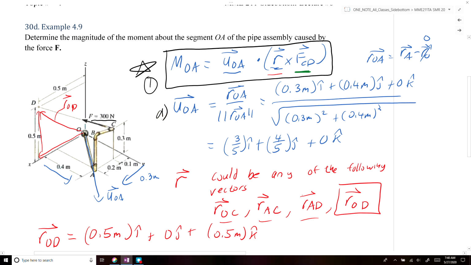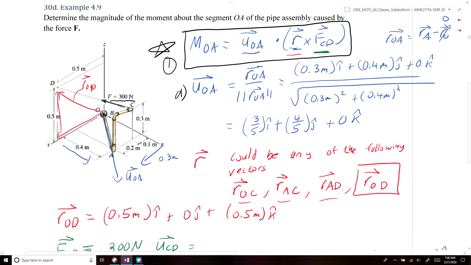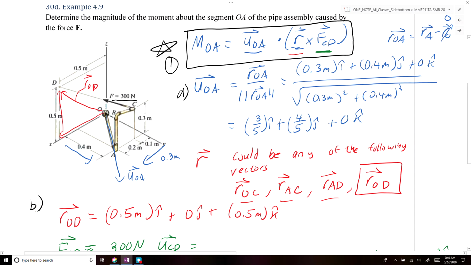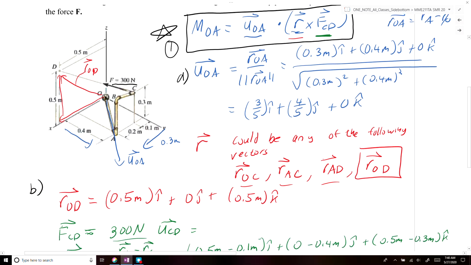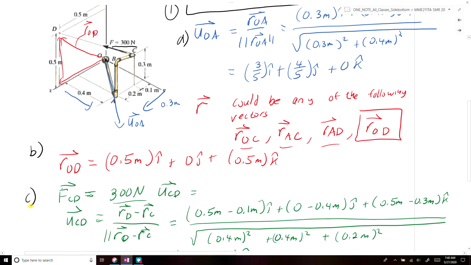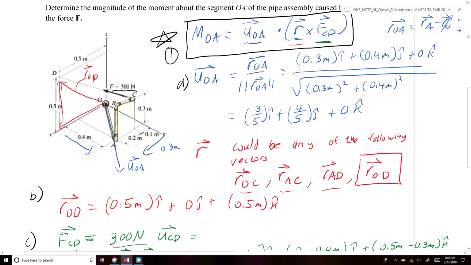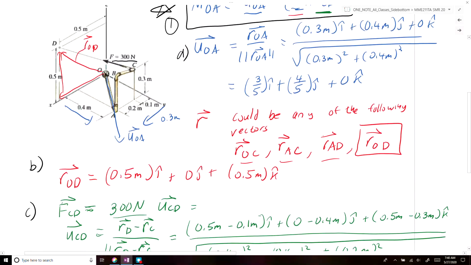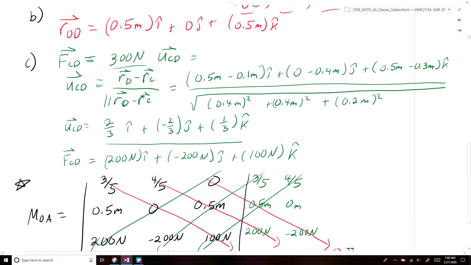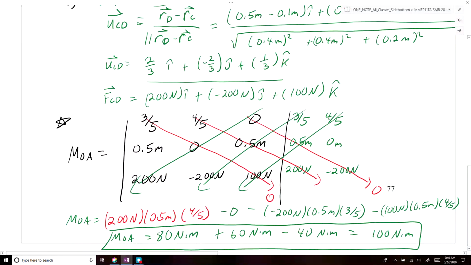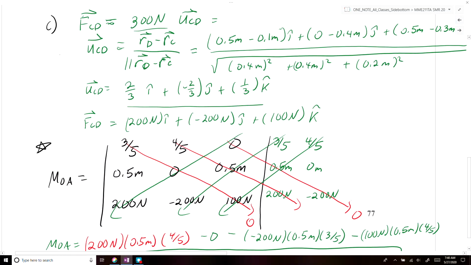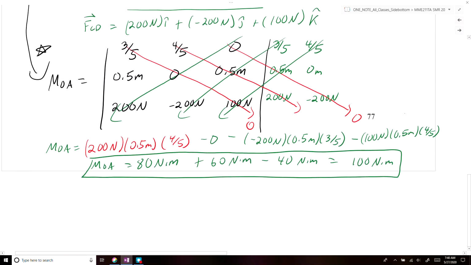We defined our U_OA, then our position vector r, and then our force vector. Once we defined all of those, it's just evaluating the dot product of a cross product, which is sometimes called the triple scalar product. We use this equation, and we end up getting the scalar value of our moment about our axis.